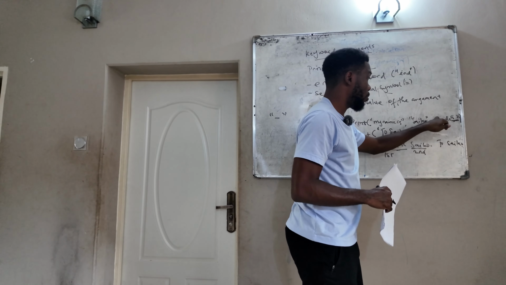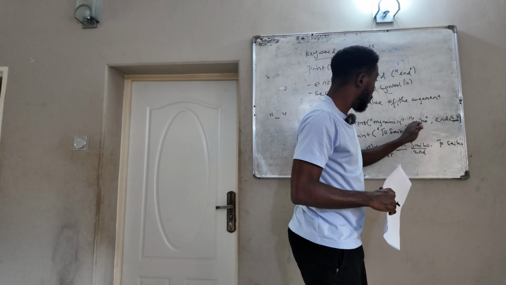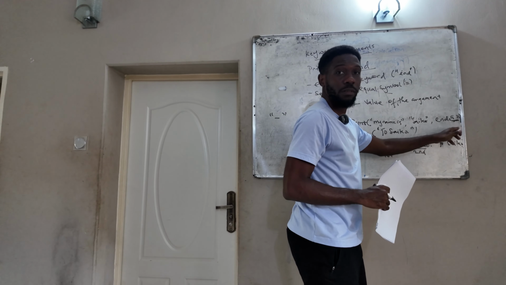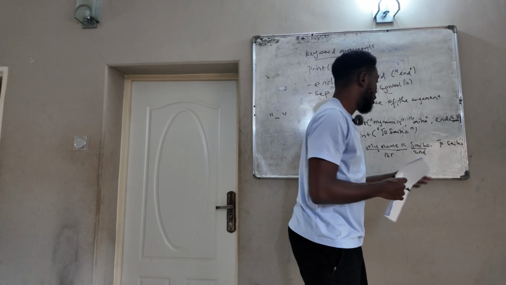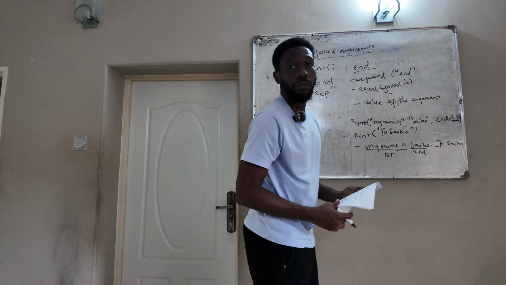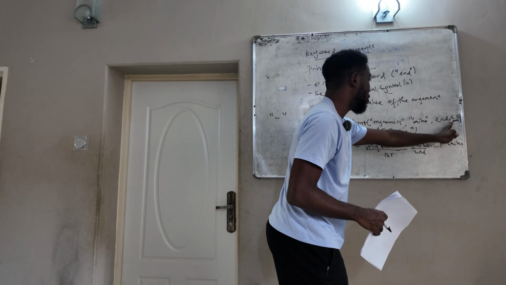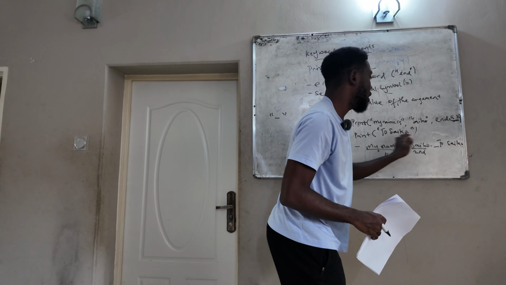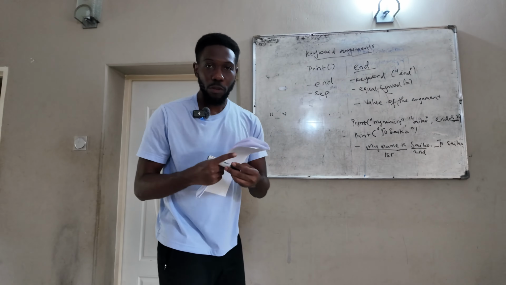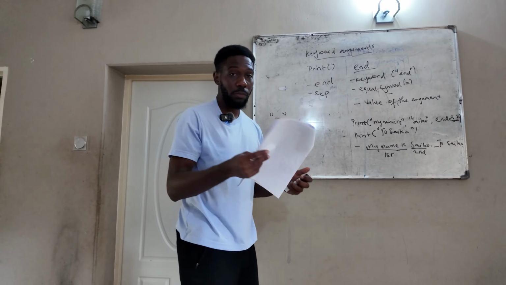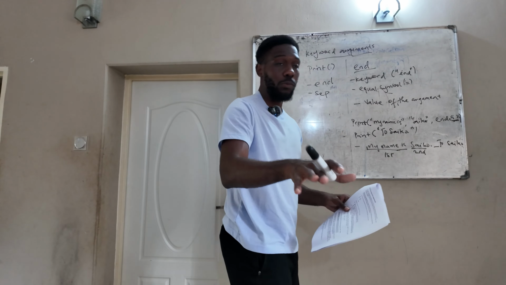Using this end, at the end of the print function, give me a space. And you see here, the space was made before going to the next one. So that means, give me a space and do the next thing. It might be a bit confusing, right? So to clear things up, the default value for print.